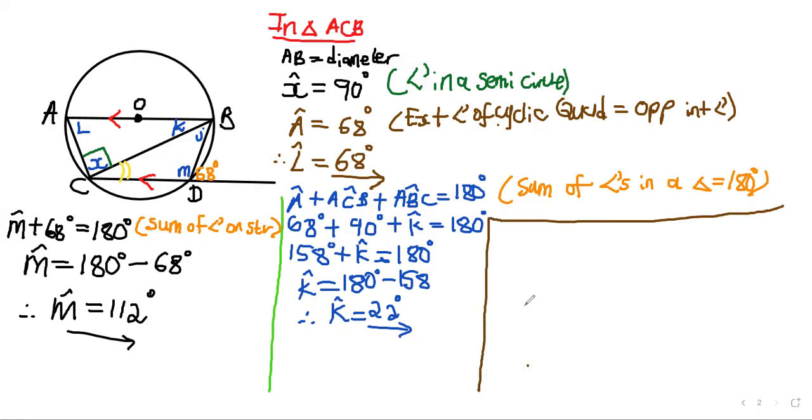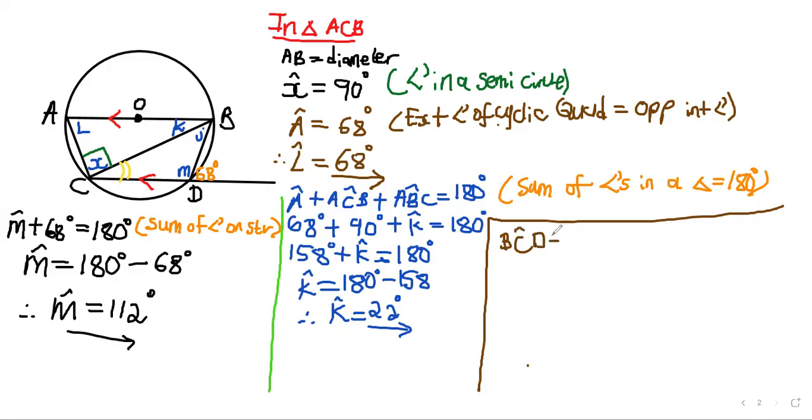So I'm just going to show you one of the ways, right? So now let's find angle J. The angle which is unknown, the one that we're looking for, is angle BCD.